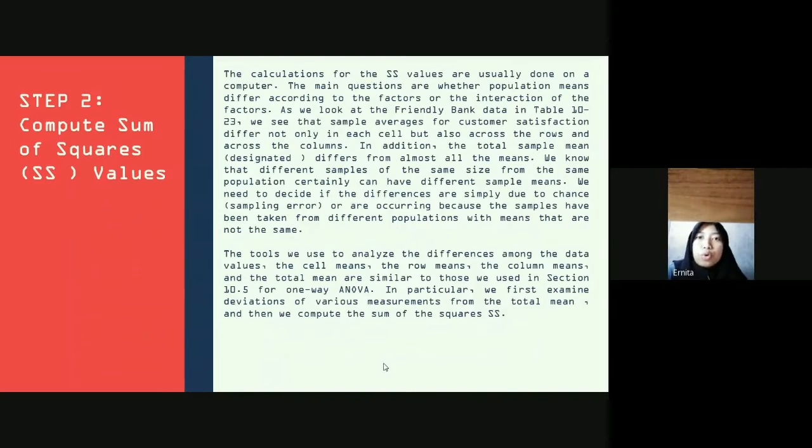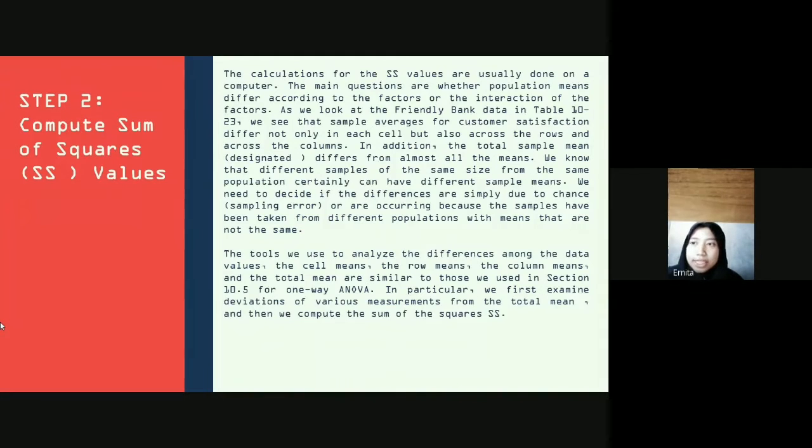For step 2, the calculation of the SS values is usually done on a computer. The main question is whether population means differ according to the factors or the interaction of the factors. As we look at the Friendly Bank data in table 10-23, we see that sample averages for customer satisfaction differ not only in each cell, but also across the rows and across the columns.